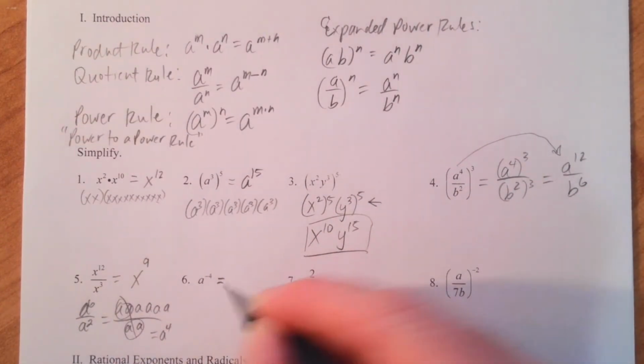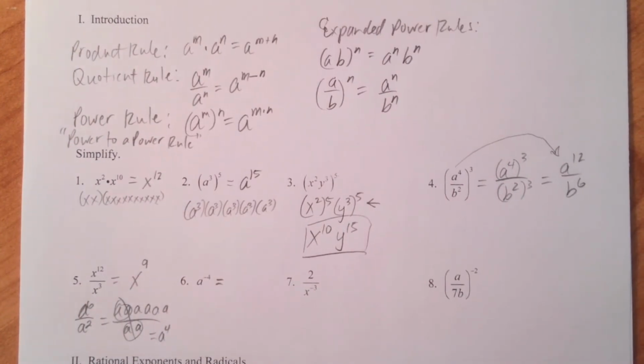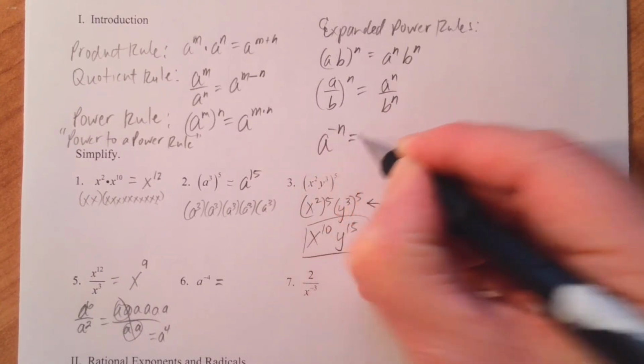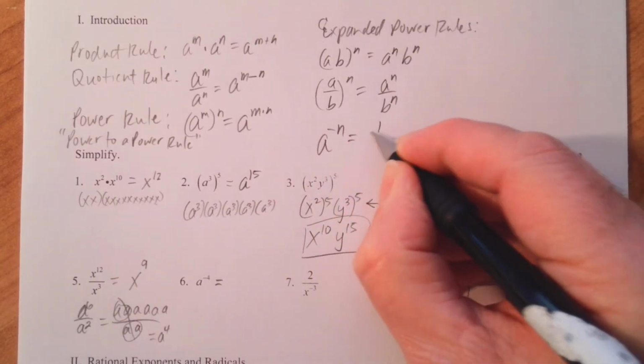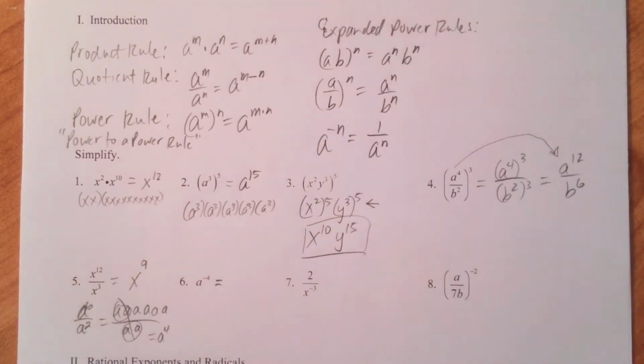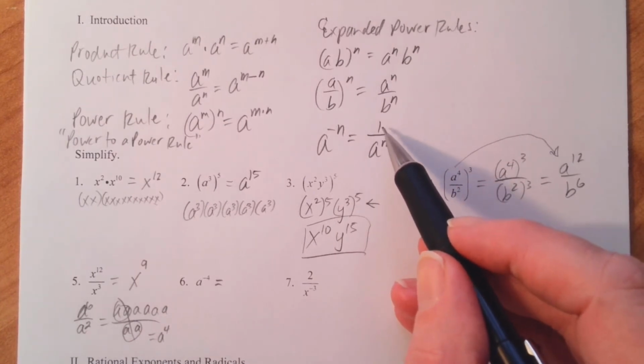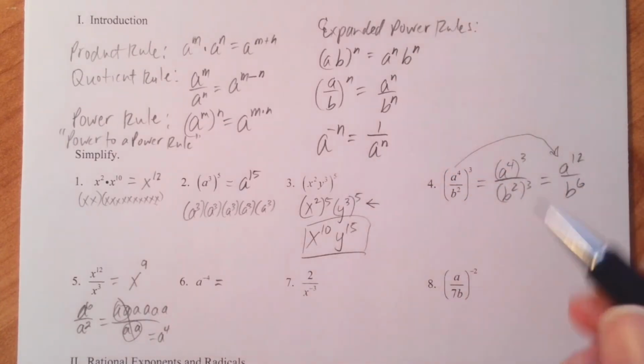Now we have negative exponents. Let's just write the rule. A to the negative n power is 1 over a to the positive n power. I always say a negative exponent leads to a reciprocal, where you have 1 over the same number, a to the n.